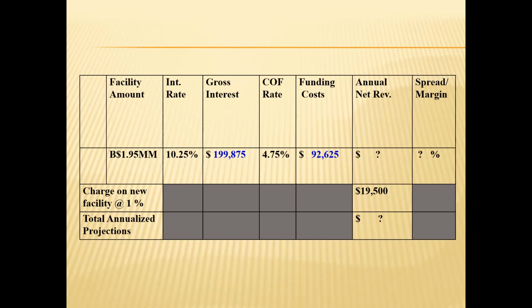Thank you, sir. Okay, so then when we look at our annual net revenue, you would be looking at a dollar figure. So we subtract 92,625, our funding costs, from our gross interest of 199,875, and that gives us 107,250.